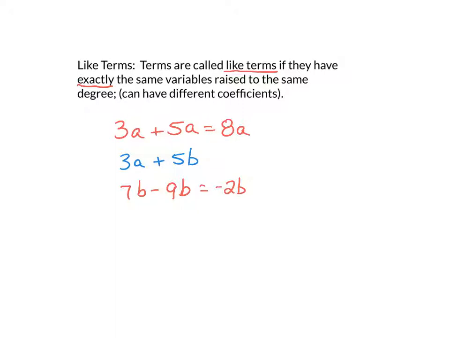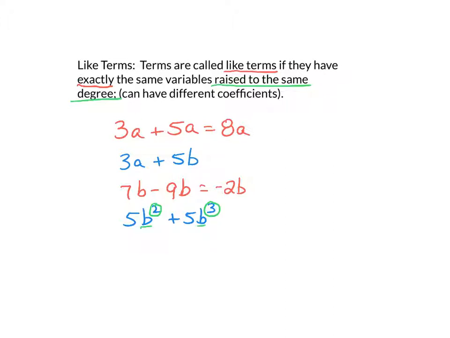Another example of one I cannot combine is this, 5b to the second power plus 5b to the third power. They both have a b in them, but this is b to the second power, this is b to the third power, and I have to have the variables raised to the same degree. So I cannot combine these at all. It is just 5b squared plus 5b to the third power.